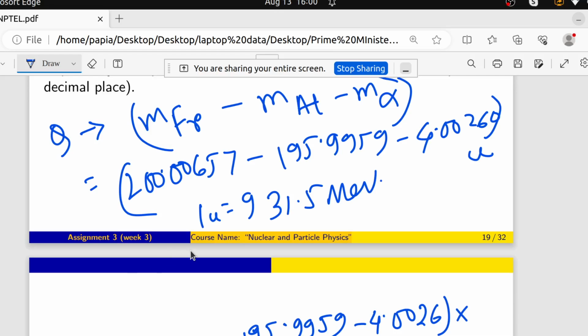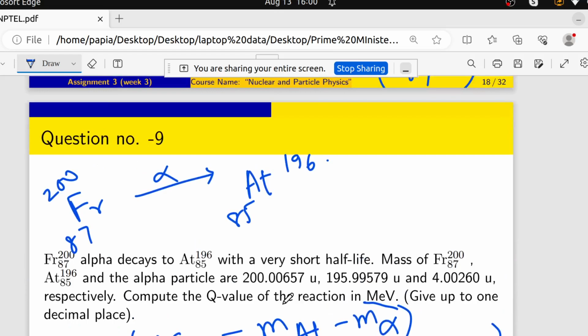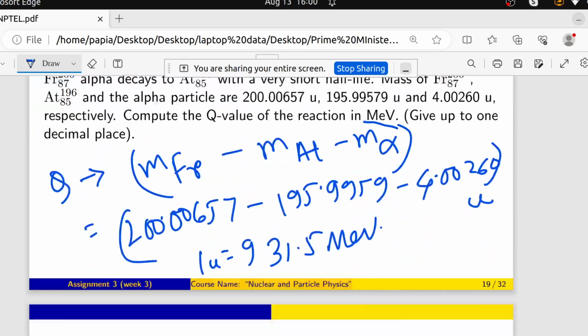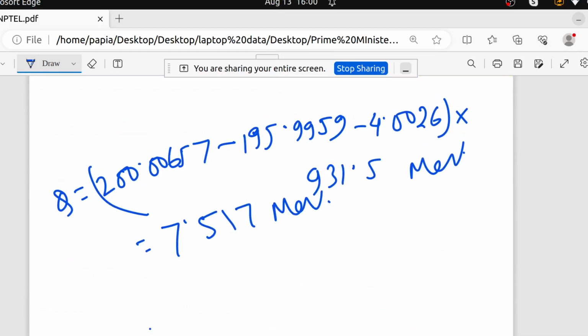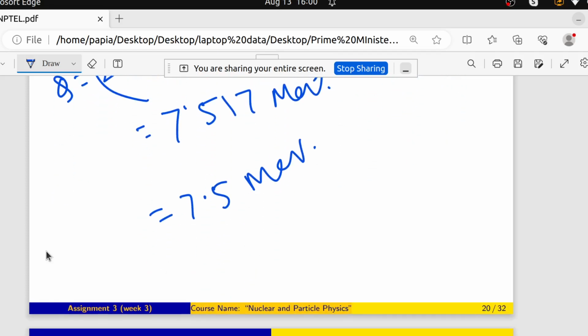This is the Q value required for the nuclear reaction. And since the data was given up to 1 decimal place, the expected result will be 7.5 MeV. This is the Q value. Fine.